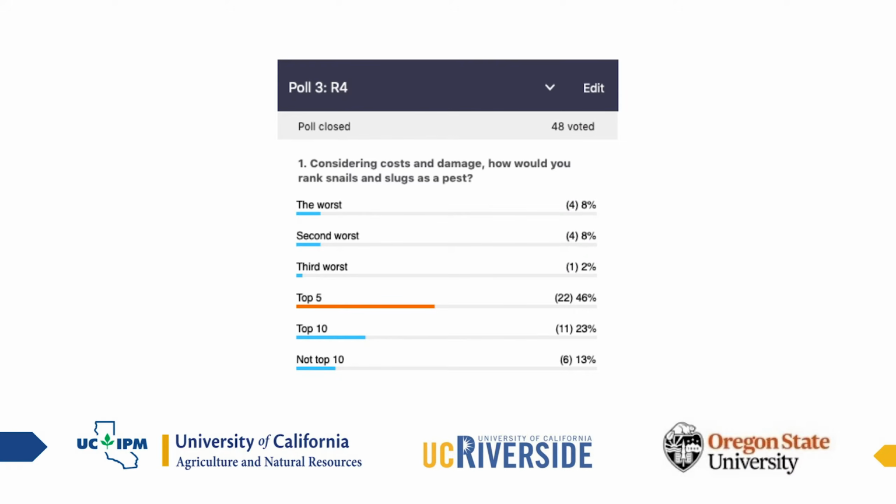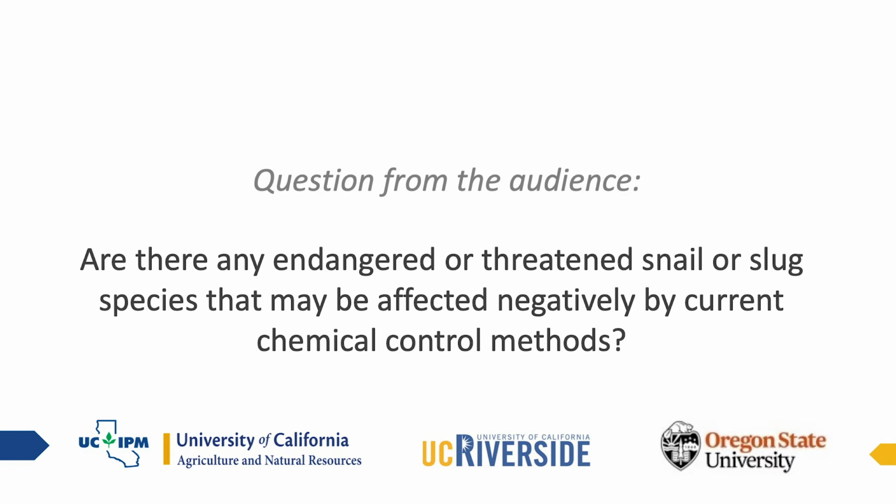Okay, thank you. So considering the cost and damage, how would you rank snails and slugs as a pest? While they're answering that, Cheryl, I have a question from Richard for you. He asks, are there any endangered or threatened snail or slug species that might be affected negatively by current chemical control methods? These chemical control methods are not selective for snails and slugs.